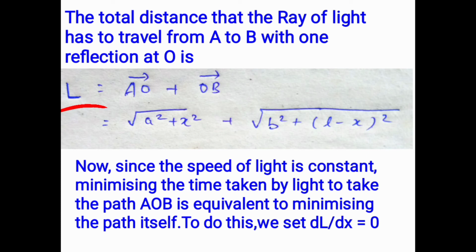Now since the speed of light is constant, minimizing the time taken by light to take the path AOB is equivalent to minimizing the path itself. So to do this we will set dL by dx equal to 0.